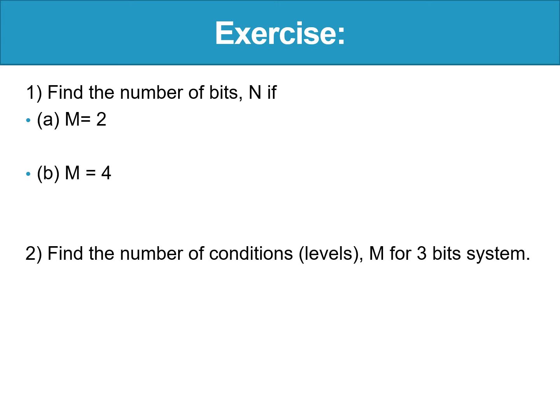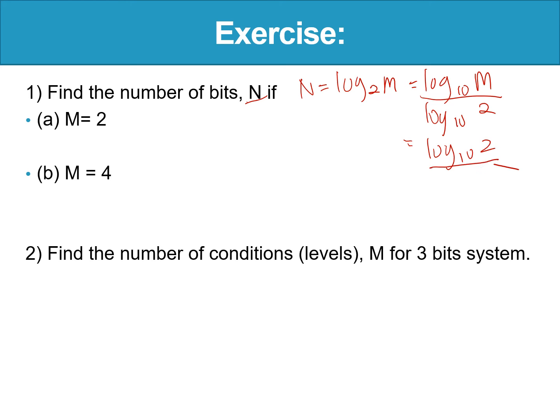Okay, let's try this exercise. Find the number of bits N if M equals 2. We know that N equals log base 2 of M. Here is the mathematical equation: log base 10 of M divided by log base 10 of 2, so it is log base 10 of 2 divided by log base 10 of 2, which is equal to 1.